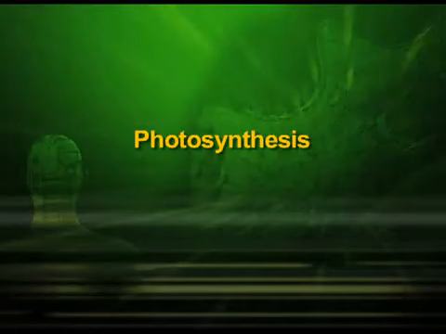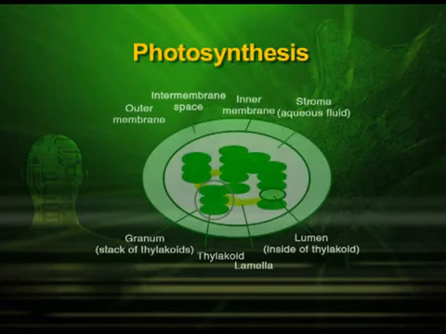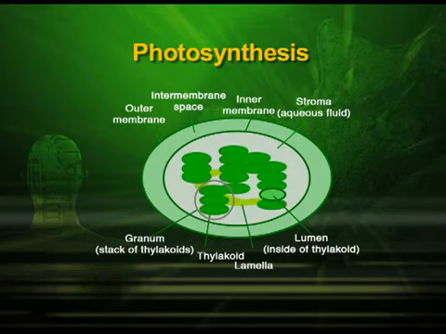In the given diagram on the slide, you can see the chloroplast has an inner membrane and an outer membrane, and between the two membranes there is the space we call the intermembrane space. The main body is the thylakoid, in which you find grana, stacked one on the other, and inside there is a lumen.